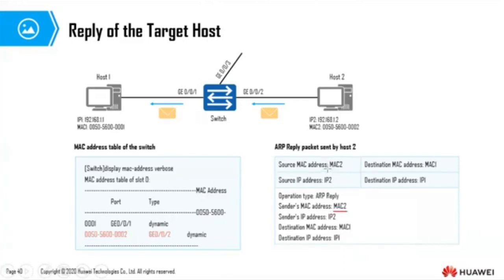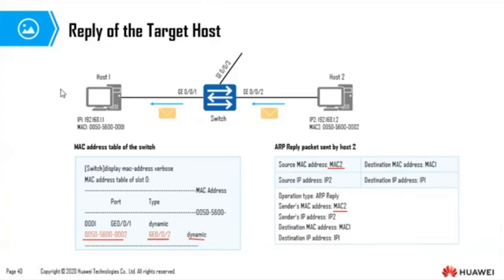And of course, on the Ethernet header, it's also going to indicate its own MAC address. The switch receives that, then updates that MAC address and the interface via which it has been connected, and says that it has learned it dynamically. So that's what the switch will do: update its MAC address table.